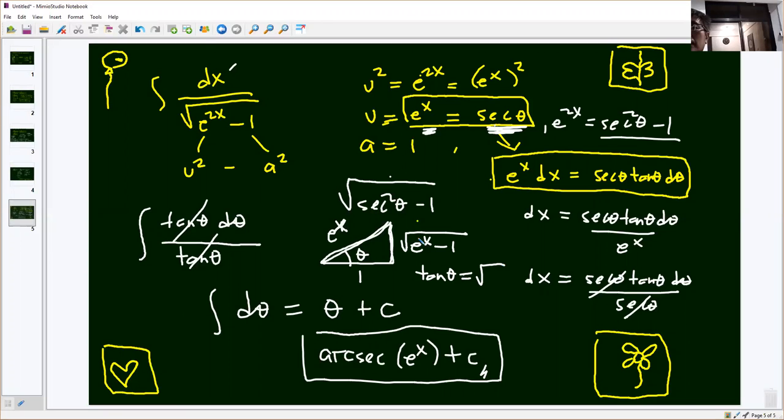E squared minus 1. Okay, good assist there. So there, square root of e to the 2x minus 1 all over 1. Opposite over adjacent. So pwede rin isagot na arctan of square root of e to the 2x minus 1. There. And then plus c.